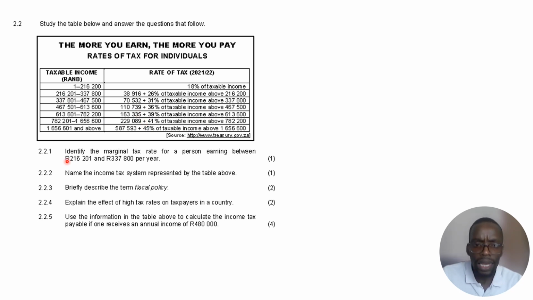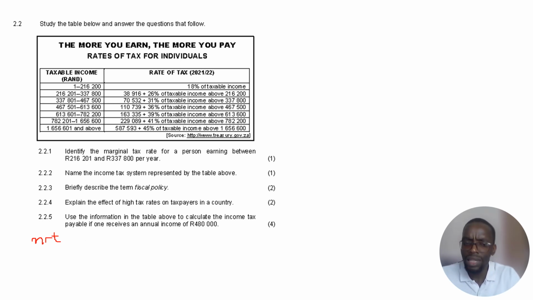Now you also need to understand that there is something called the marginal rate of taxation. I'm just going to say MRT. When we looked at the multiplier, we looked at the different types: marginal rate of taxation, marginal propensity to consume, marginal propensity to save, and in grade 10 you also looked at marginal utility, and marginal revenue and marginal cost in grade 11.